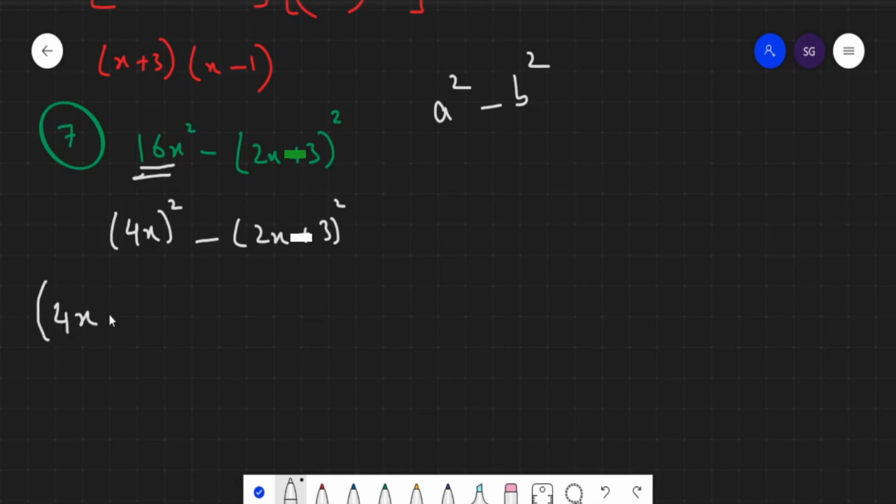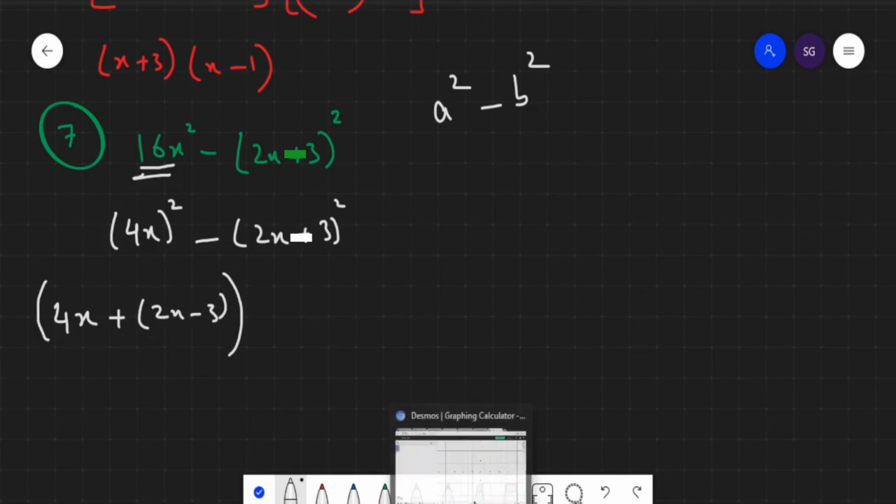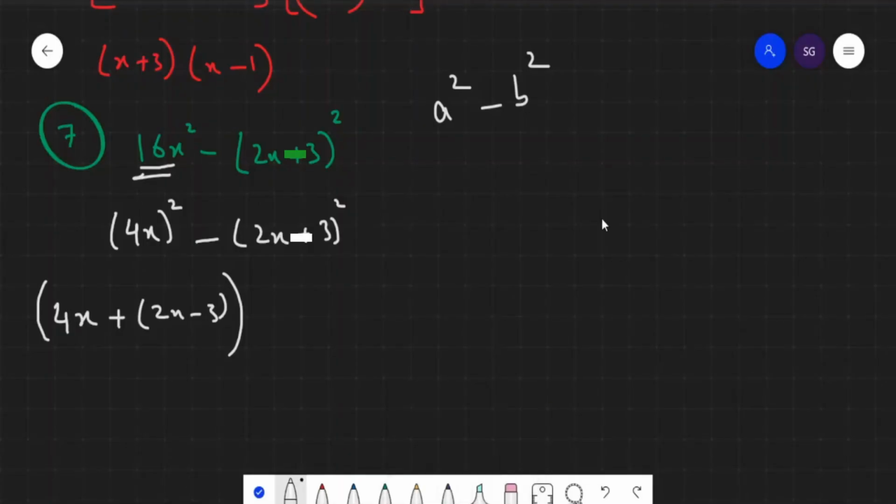Product of their sum, so 4x plus 2x minus 3, and then, let me correct this bracket. This is 2x minus 3, and then this is the sum taken, so this is 4x minus 2x minus 3.